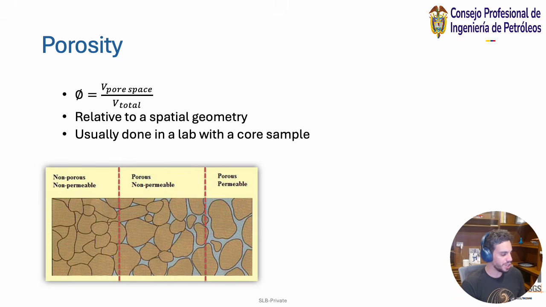And in petroleum engineering in general, or in physics in general, physicists like to make things simple. So when we make things dimensionless, it gives us more freedom and flexibility. One example of this freedom and flexibility that we can talk about here is one way to calculate the porosity is through, since it's with respect to volume, you can calculate it with respect to density.